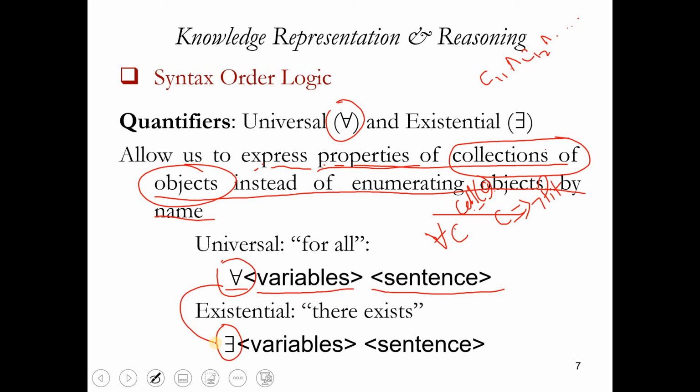So I can define another one: for some C where C belongs to the cell class, it implies that there is a wumpus. There is a wumpus, or I can define a wumpus class also.